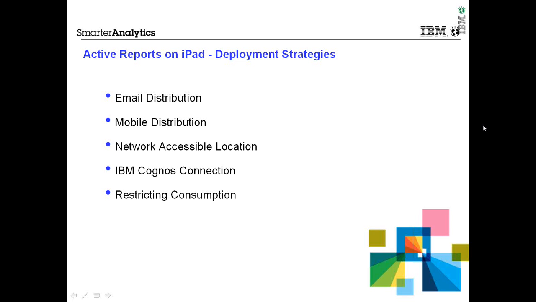Now, let us talk about restricting consumption. What I mean to say is, not all IBM Cognos users are authorized to consume IBM Cognos Active Report content. Users must be named users of Active Report recipient, or at least they should be enhanced consumers in order to consume the IBM Cognos Active Report content.